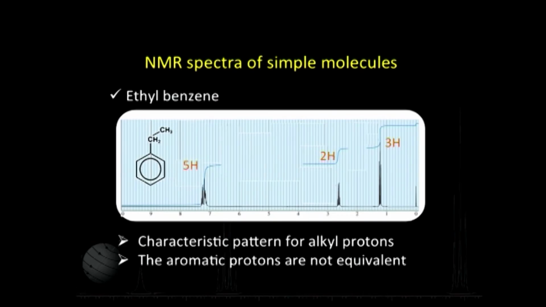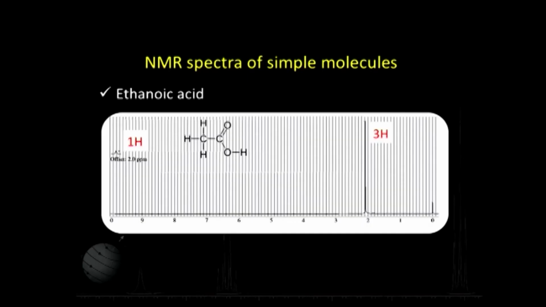Let us move further and look at another spectrum, say of ethanoic acid. In the case of ethanoic acid, we get just 2 signals, a 3 proton signal at about 2 ppm, and one signal at about 9.8, and this is about 2.4 ppm offset.